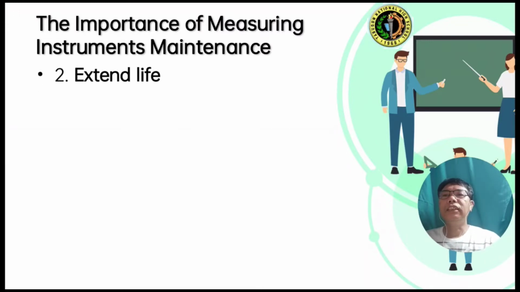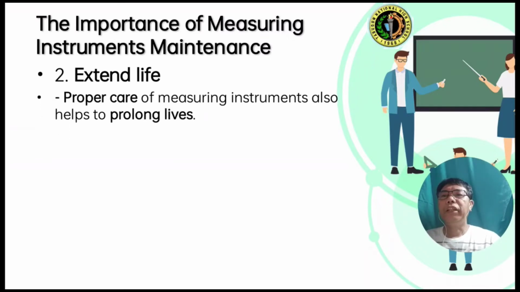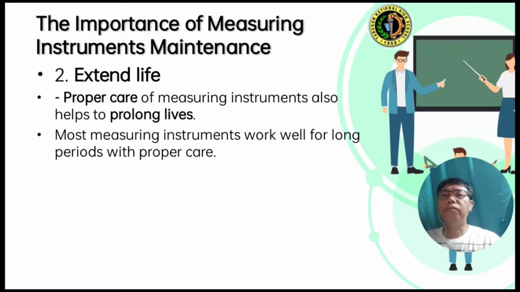Next to that is extended life. Proper care of measuring instruments also helps to prolong their lives. Of course, some of the tools are already starting to malfunction. In order to extend the life, we have to repair the tools that are malfunctioning.